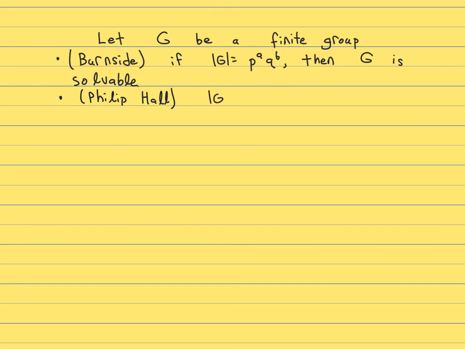It says whenever you can factor the order of G as p to the a times m, where the GCD of m and p is 1, now this is going to be for all p dividing the order of G, suppose there actually exists a subgroup of order m, then G is solvable.